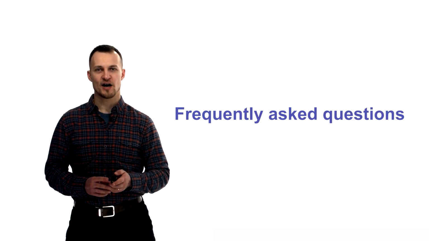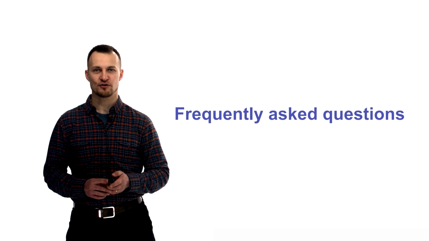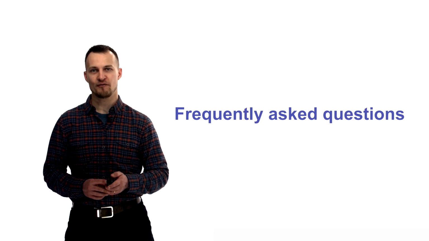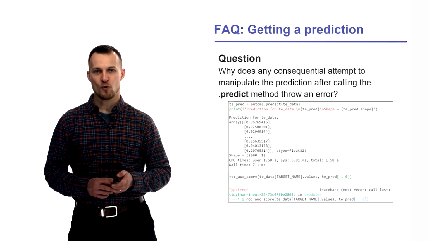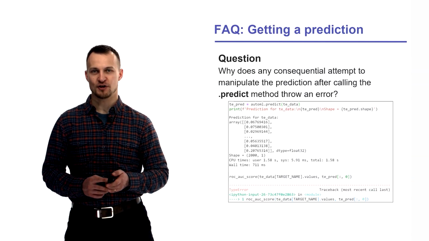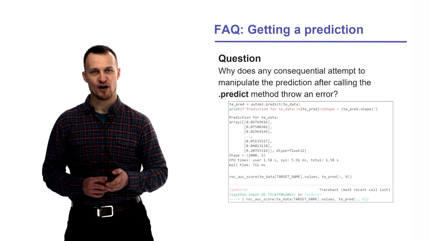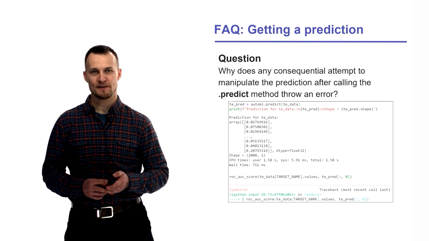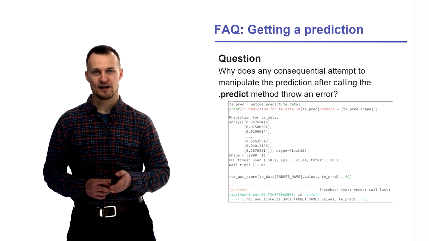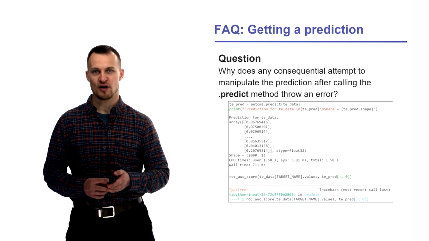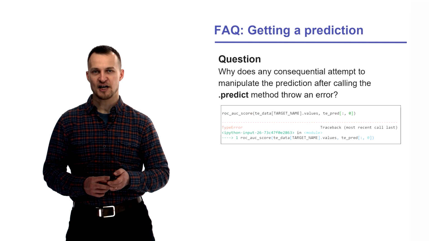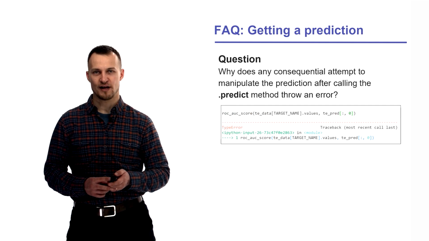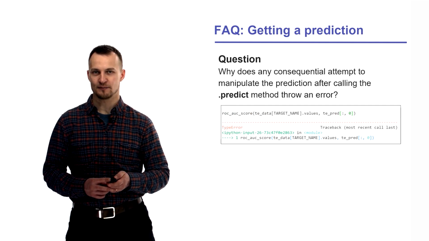And in the last part of the video, I would like to answer the questions that our users often have when they first start using the tool. Usually, when receiving AutoML predictions, users immediately try to use them in their code as an array of numbers, for example by passing them to a function to evaluate quality on a delayed sample. This action fails with an error, and the reason remains unclear.